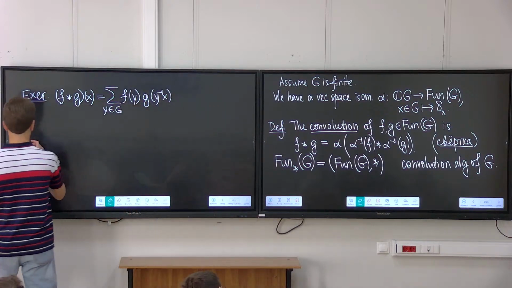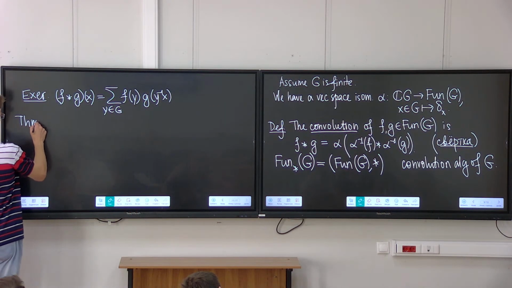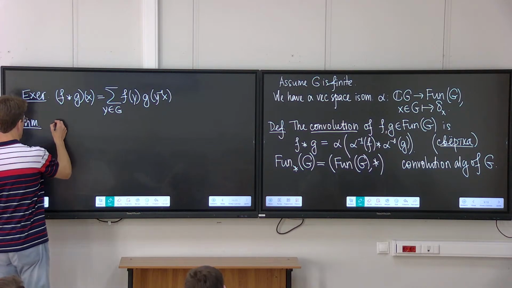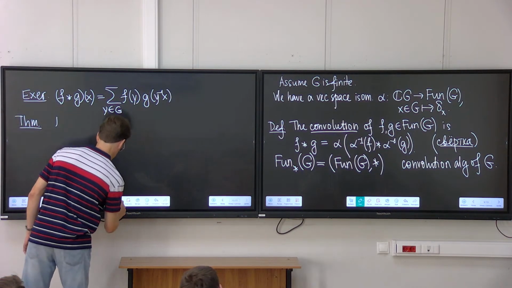We now get the following result, the theorem. Again we assume that G is a finite abelian group.